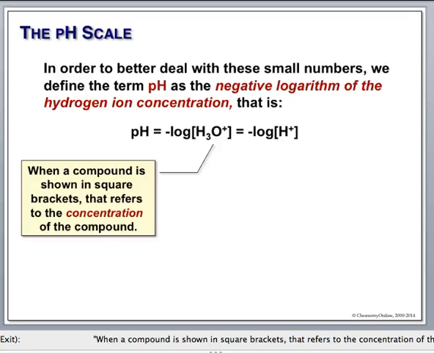Sometimes you'll see this written as log H+, sometimes hydronium. It all means the same thing. When you see this little p in front, p actually is a shortcut for negative log. So if I say pH, I mean negative log of H. That's where the term comes from.